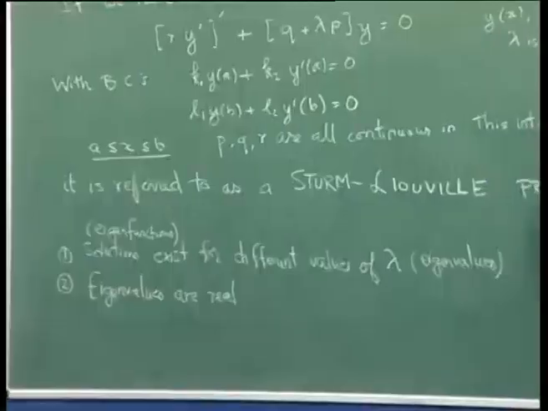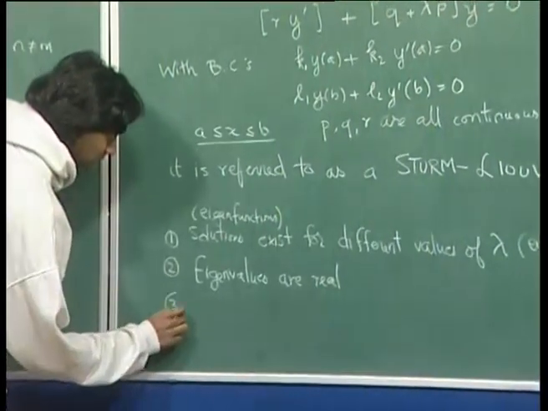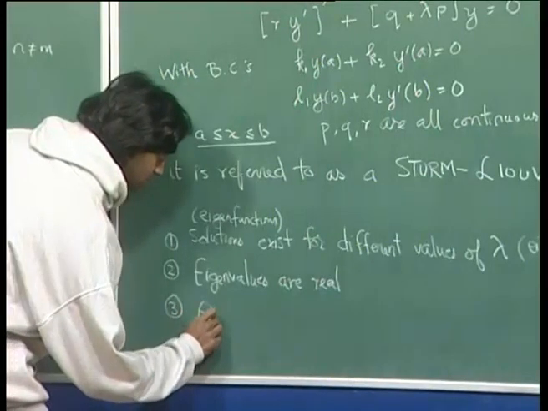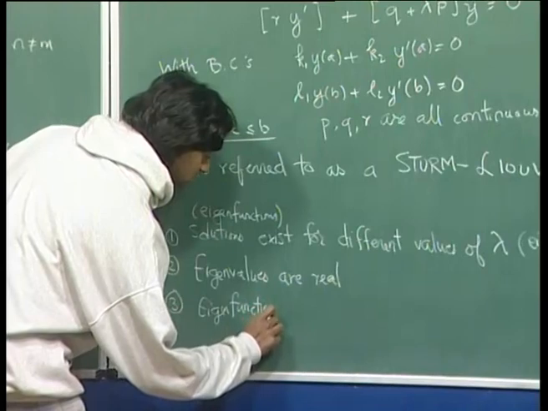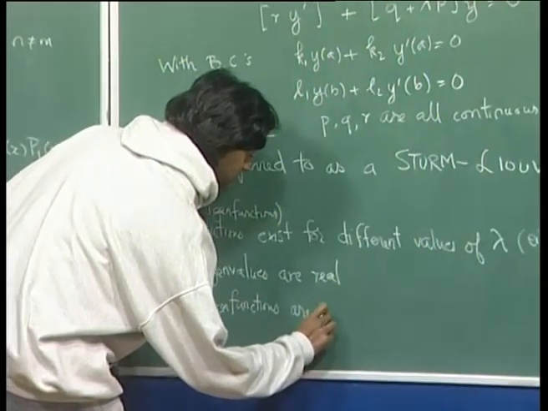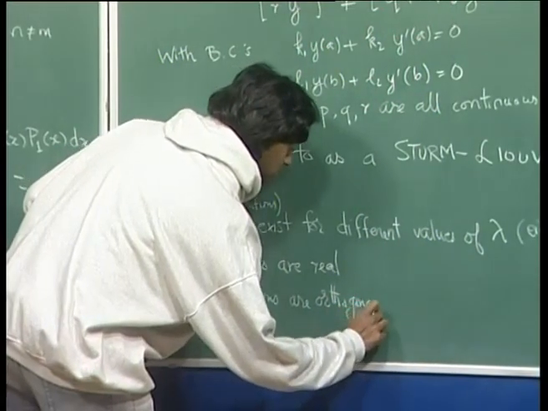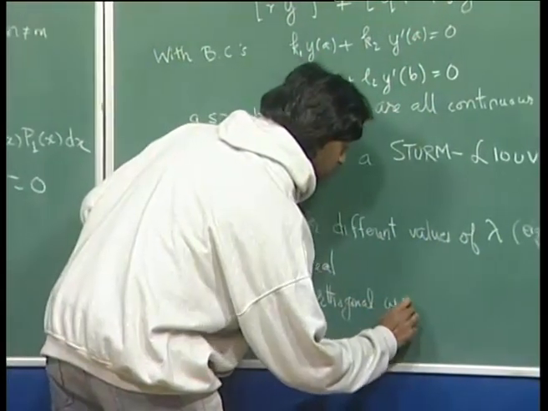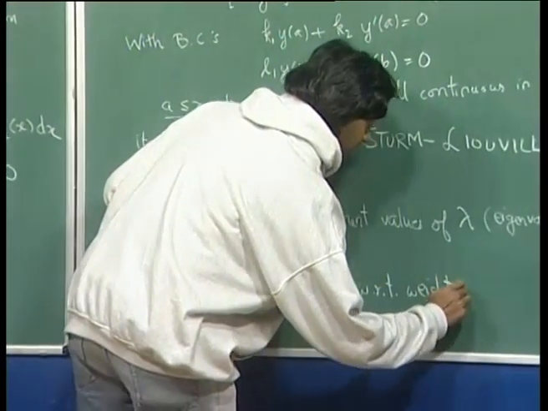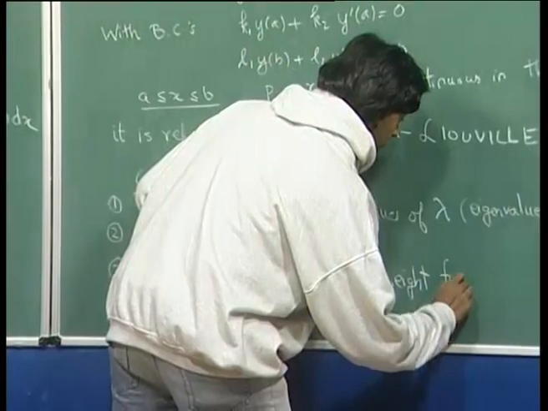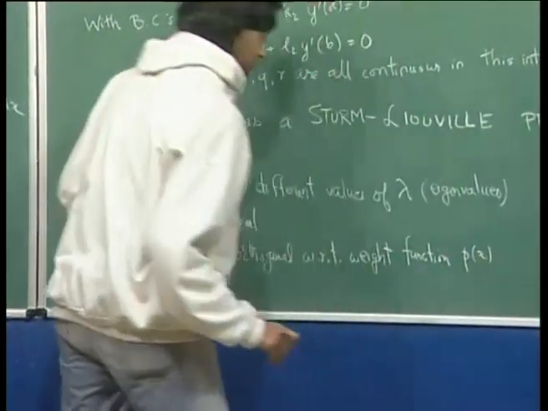Okay, and the third property is eigenfunctions are orthogonal with respect to weight function p of x. Okay.